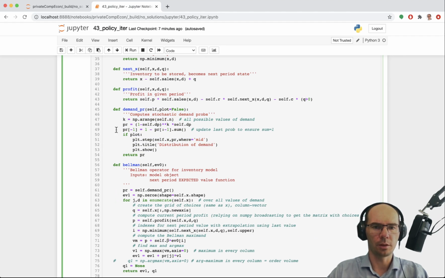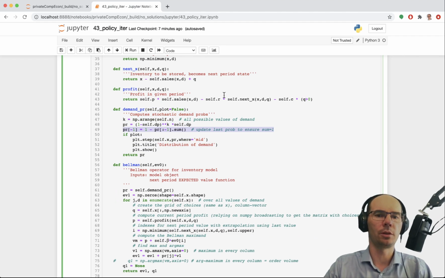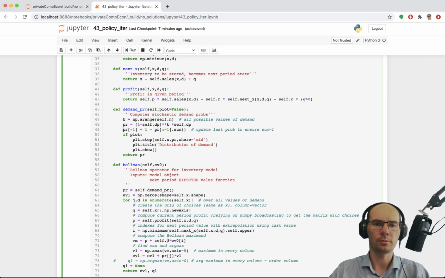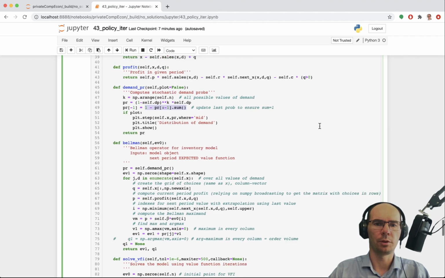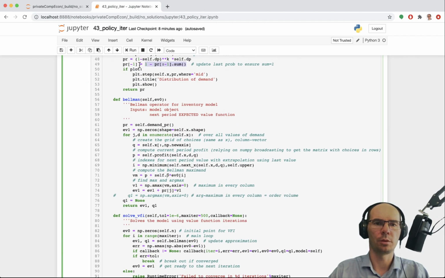So here's the correction that is needed to ensure that the probabilities sum up to 1. This is where the truncation kicks in, and we are collecting the probability mass from the tail of the geometric distribution into this last point.